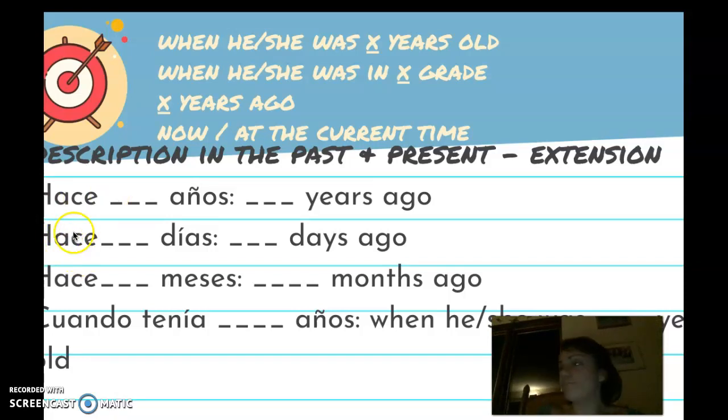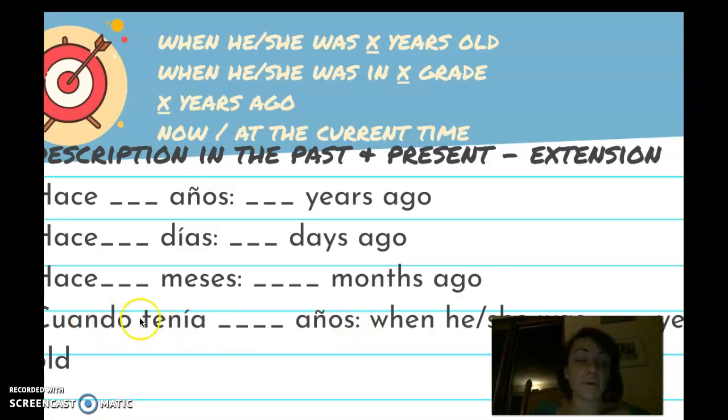Hace 2 días, 2 days ago. Hace 2 días, yo fui al mercado. I went to the market. Hace 3 meses, yo compré una casa. 3 months ago, I bought a house. Yo compré una casa. These are all examples of the preterite tense, you guys.